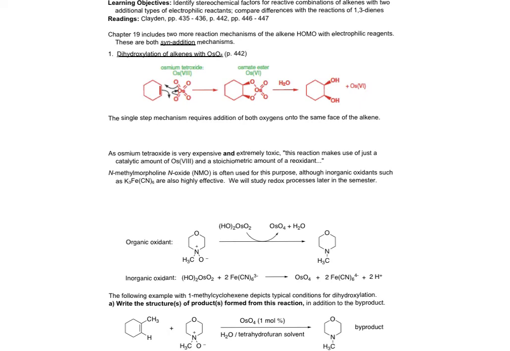There are many oxidants that can be used for this transformation, but the most common ones are described here: N-methylmorpholine N-oxide and potassium ferricyanide. I won't go through the mechanisms of the osmate ester hydrolysis, although this transformation is analogous to the hydrolysis of carboxylic esters.